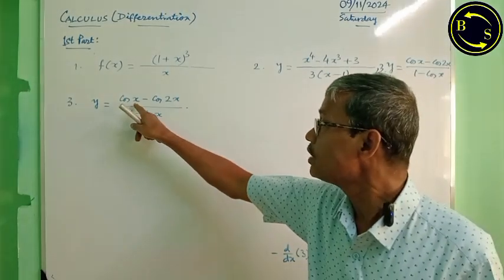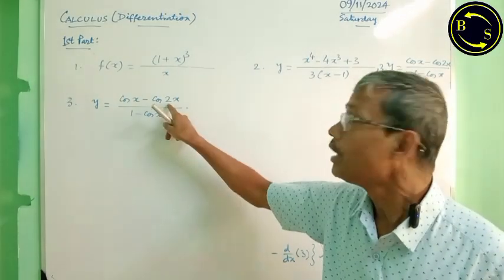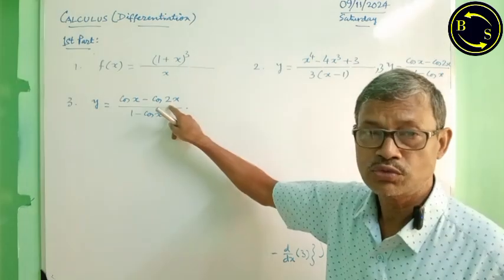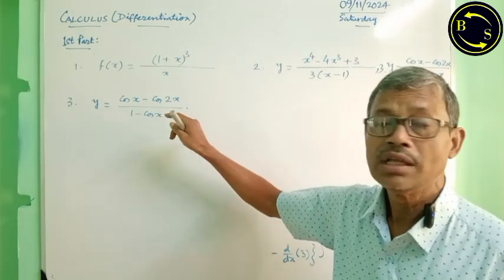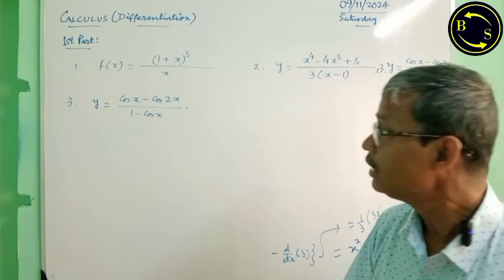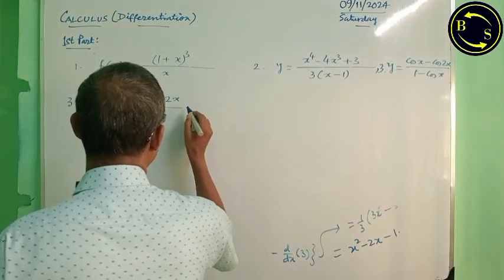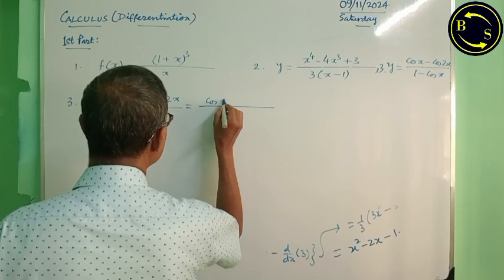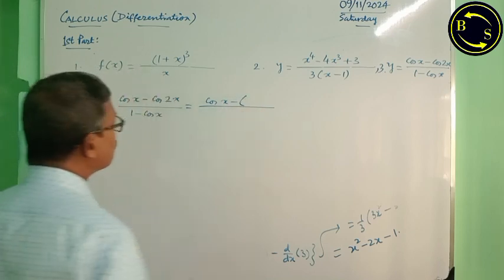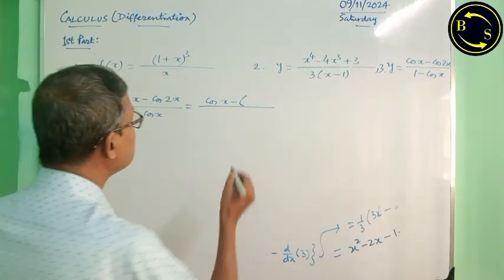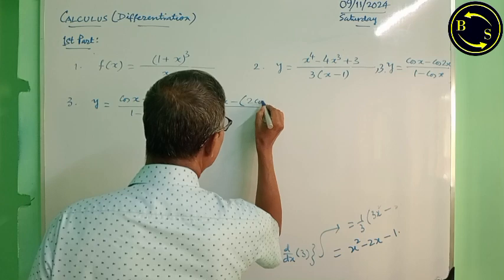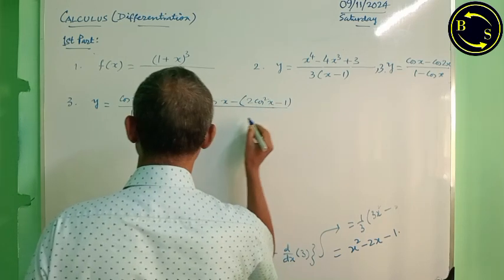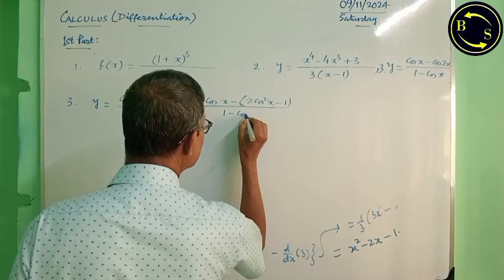Numerator is cos x minus cos 2x. Now if I put the cosine form of cos 2x, then that can be simplified. I put that first. Cos x minus cos 2x, cosine form is 2 cos square x minus 1, divided by 1 minus cos x.